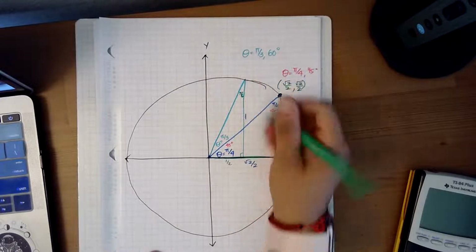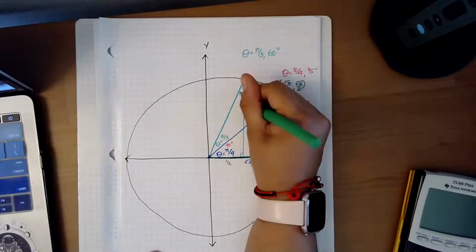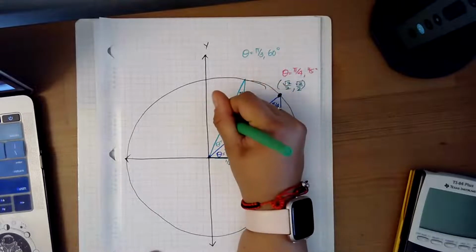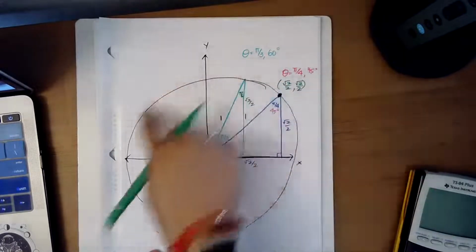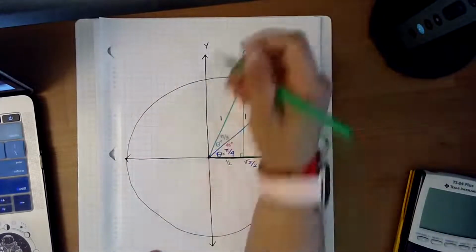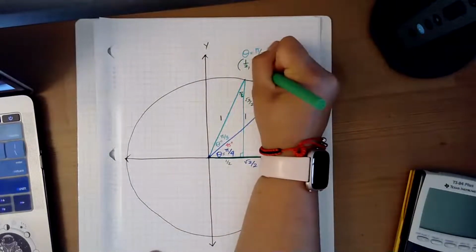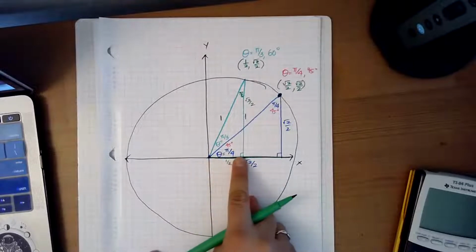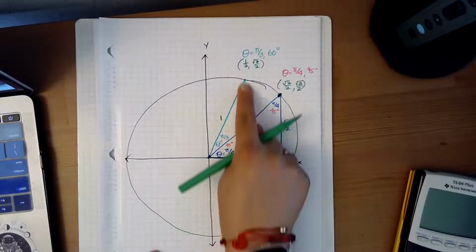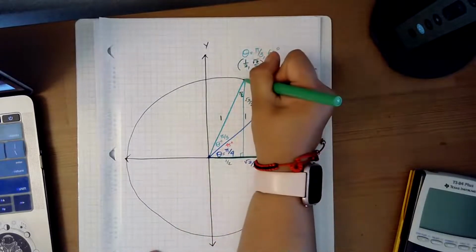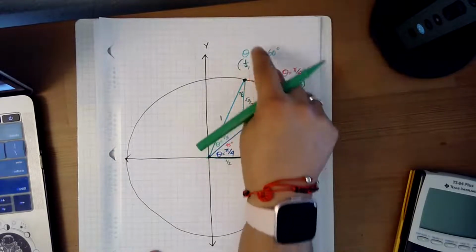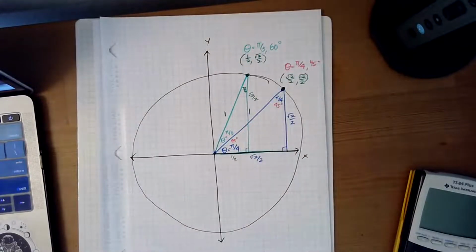And this distance right here is going to be radical 3 over 2. And my hypotenuse is always 1 because it's the radius of this unit circle. So that point is going to be 1/2, radical 3 over 2. Let's see. It took me 1/2 to get there and radical 3 over 2 to get there. So that point right there is the coordinate point when my angle is pi over 3.